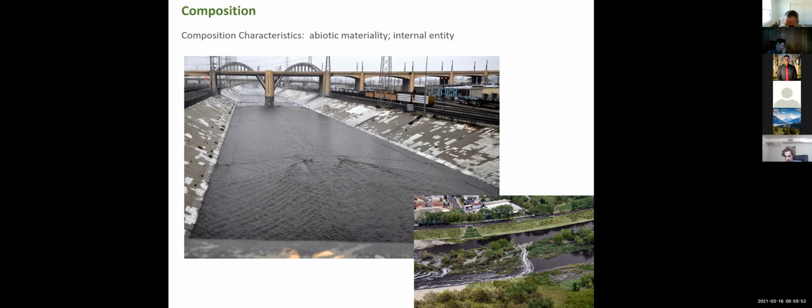This is the type of thing that they're hoping to do along the length of the river once resources and funding becomes available.